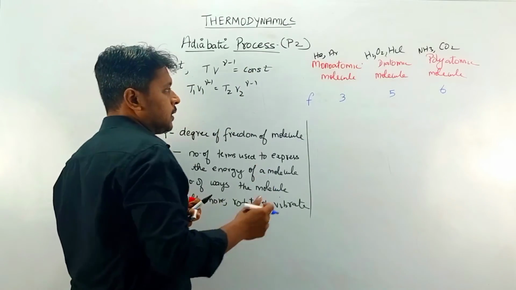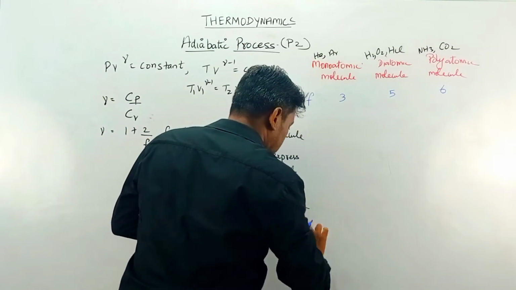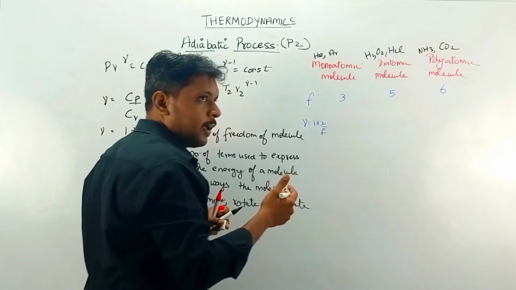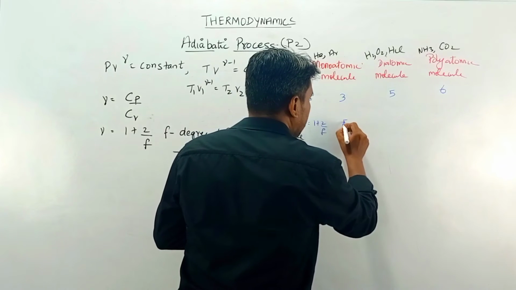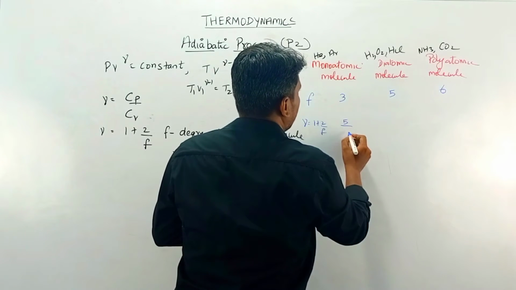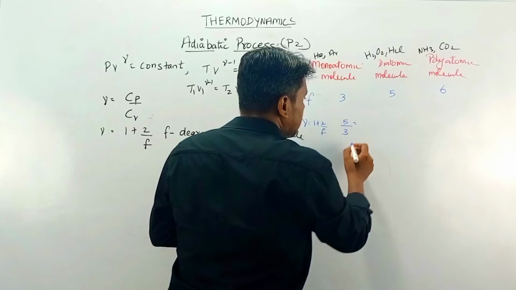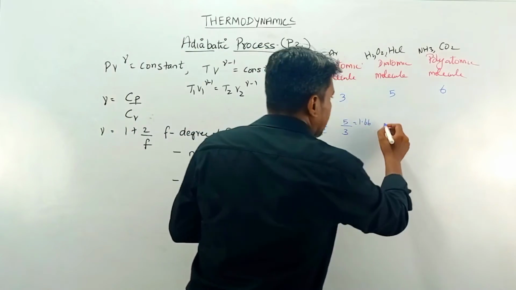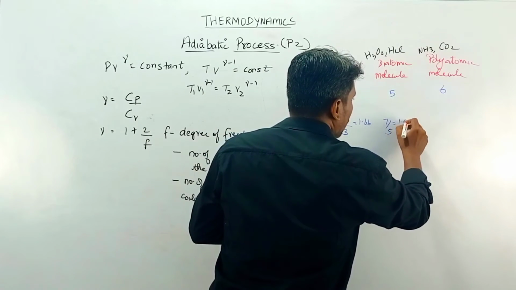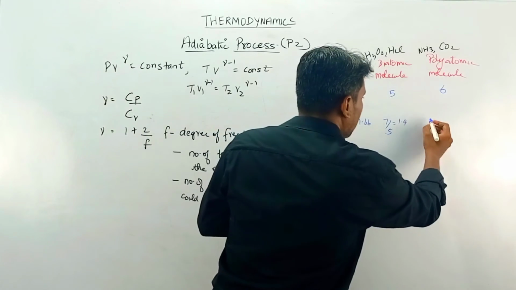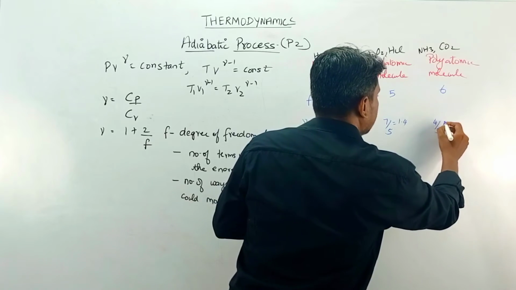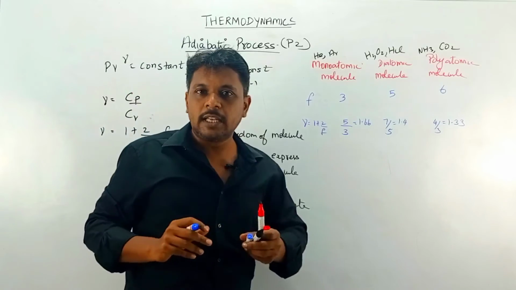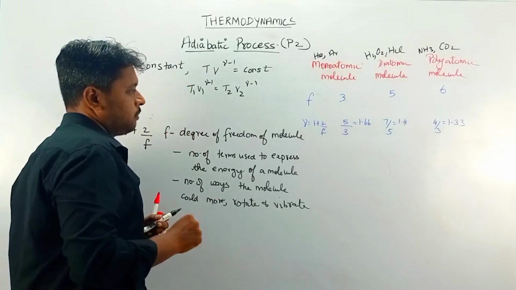If you know the value of degree of freedom, next we can find the value of gamma, 1 plus 2 by F. When you substitute this, we get the value of gamma for monoatomic molecule as 5 by 3, which is equal to 1.66. In case of diatomic molecule, the value is 7 by 5, which is equal to 1.4. In case of polyatomic molecule it is 4 by 3, which is equal to 1.33. Okay, so this is the value of gamma.